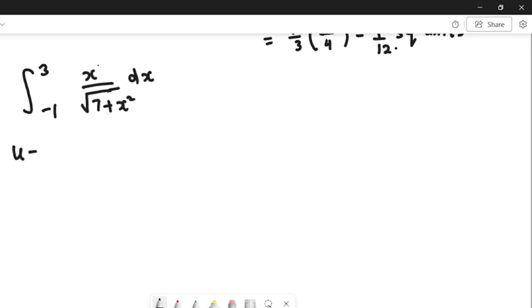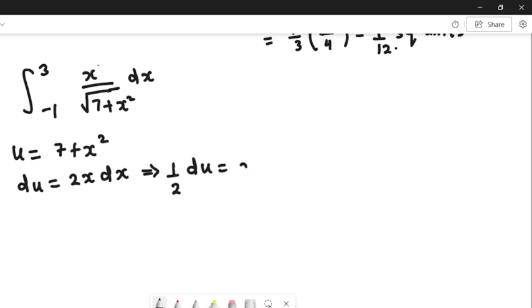So we make u equal to 7 plus x squared. Differentiating, we get 2x dx, which implies that a half du is equal to x dx.